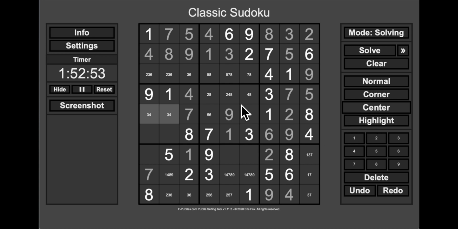Means these are 3 and 4, so that can't be 4. This is very irritating. Okay, if this can't be 4 and it can't be 6, what could it be? And if this is 6, we've got a problem in column 3. If this is 4, we've got a problem in box 4.